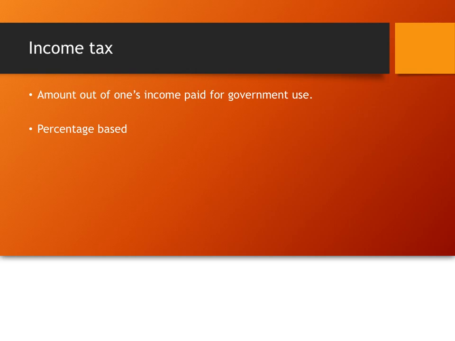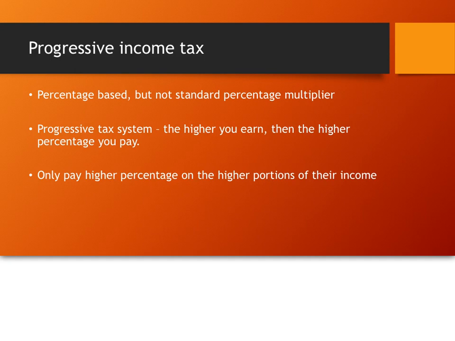Now, it is percentage based in one sense. However, it's not the actual standard multiplier, so it's not a straight multiplier. In the United States, we have something called the progressive tax system. And let me just give you a couple points of the progressive tax system.